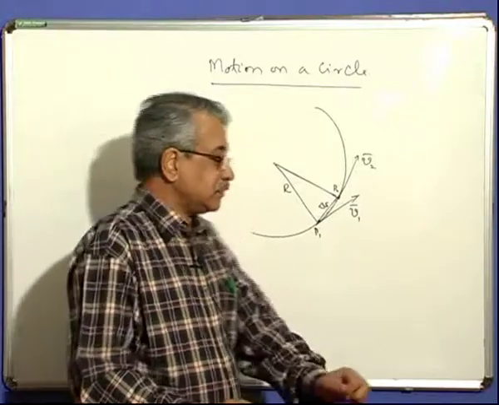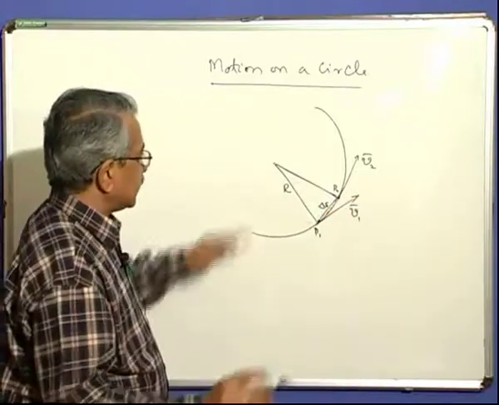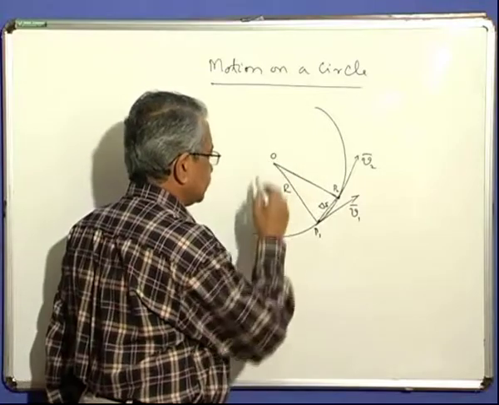At P2 the velocity is V2. It is moving on a circle of this radius, and this is the center of the circle, O.